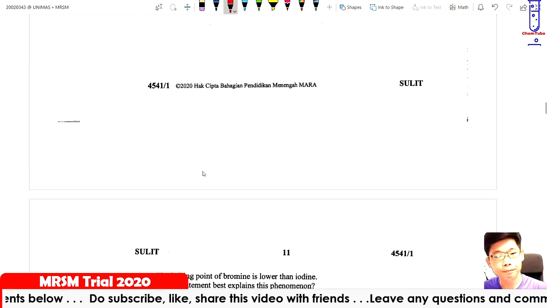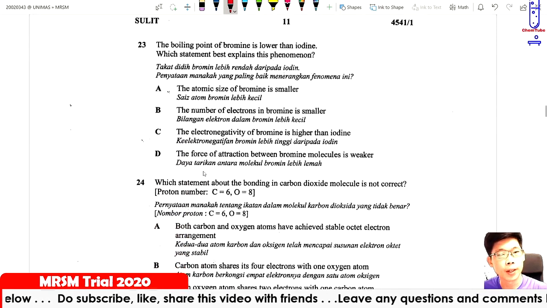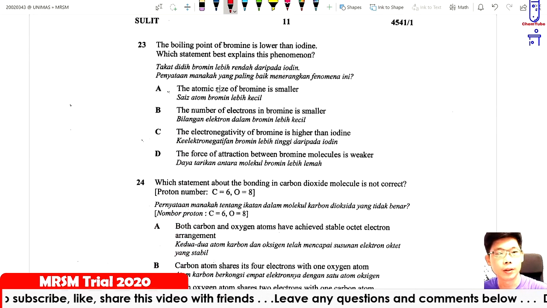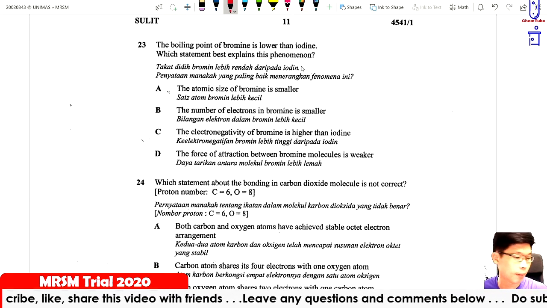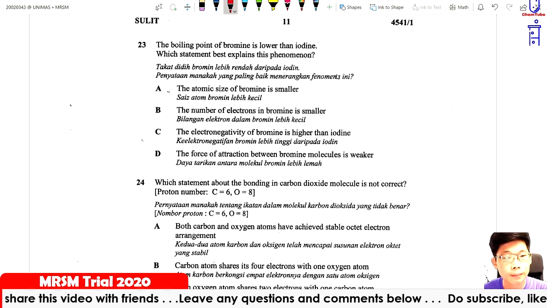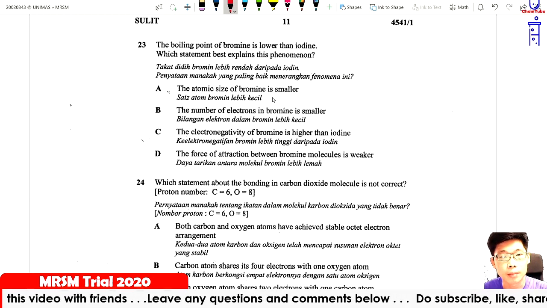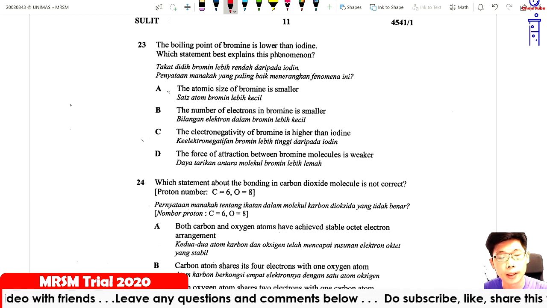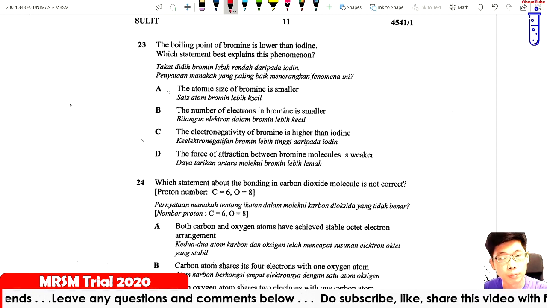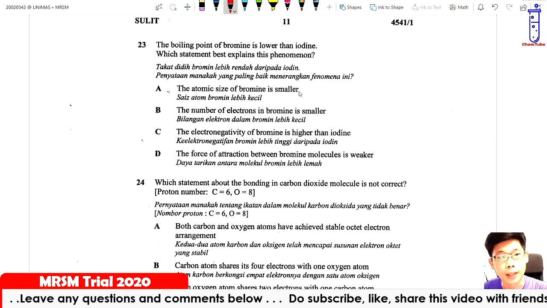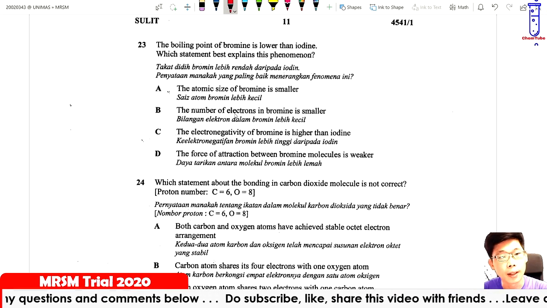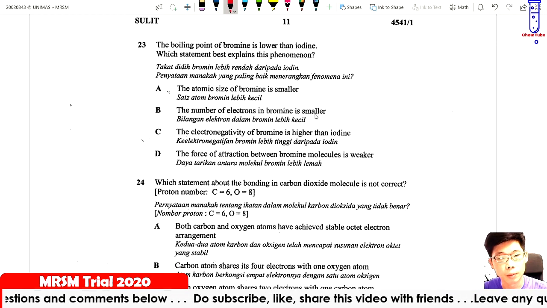Next, 23. The boiling point of bromine is lower than iodine. Which statement best explains the phenomenon? Let's see. The atomic size of bromine is smaller. Bromine should be smaller, correct, but does it explain the boiling point? No. The number of electrons of bromine is smaller.